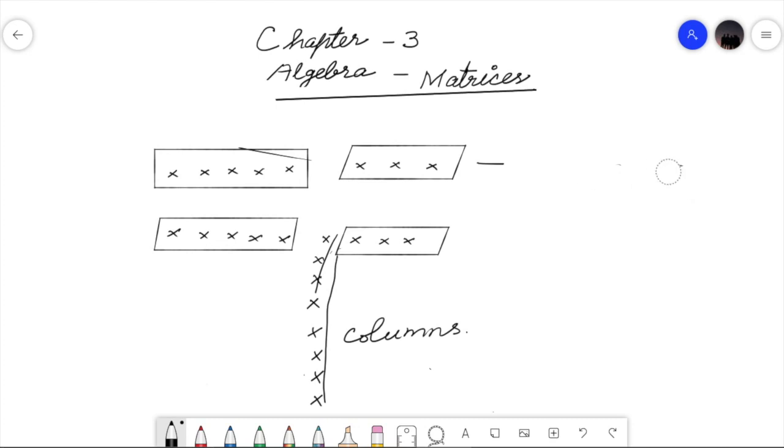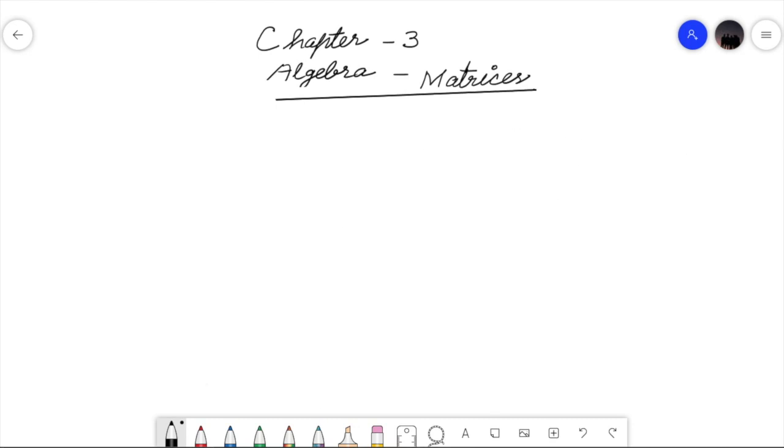We'll see how to write the matrix. See here, this is how we'll be writing the matrix. We'll be arranging the elements in this way, and we'll be putting a bracket like this after arranging the elements.